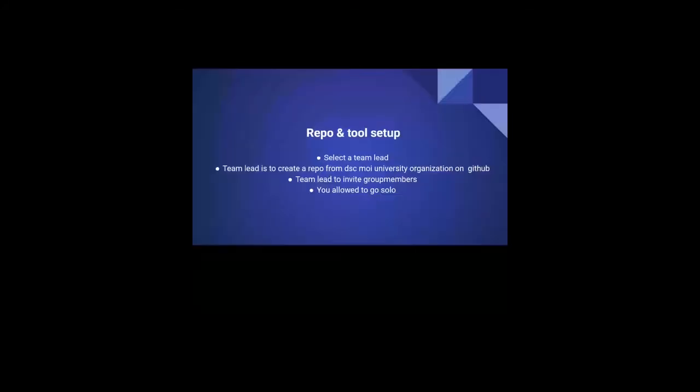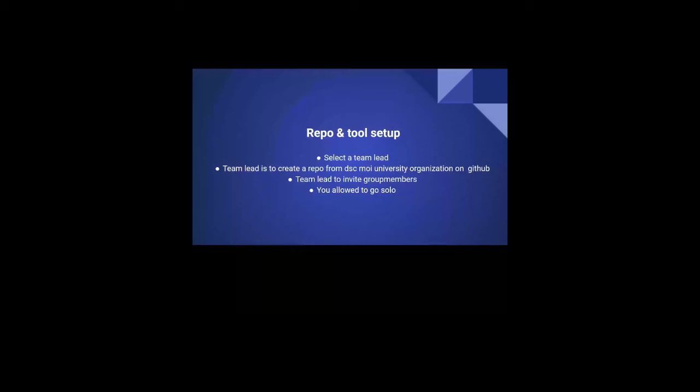So the tools and setups that will be required for the building phase of this program. As a group, you will select a team lead. This team lead will create a repo from our organization page in Git, that is DSC Mo University.